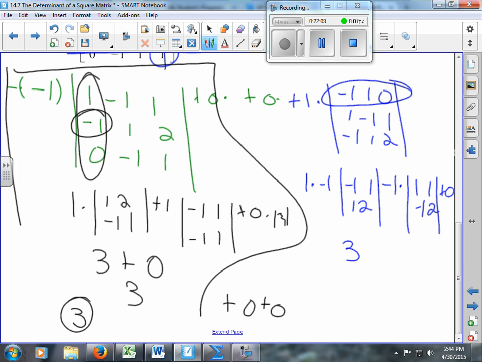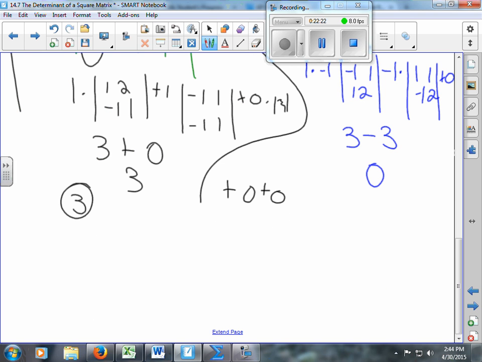Negative 3 times negative 1 is 3. Minus 1 times, this is 2 plus 1, 3 times negative 1, negative 3. And so this is a 0. Interesting. Okay, so my answer is 3 plus 0 plus 0 plus 0, which is 3. The determinant of that 4 by 4 matrix is 3.